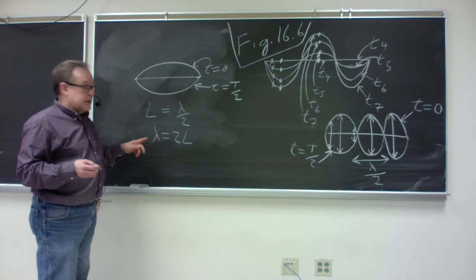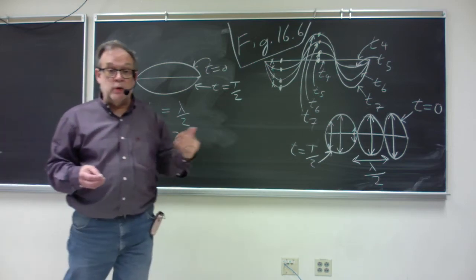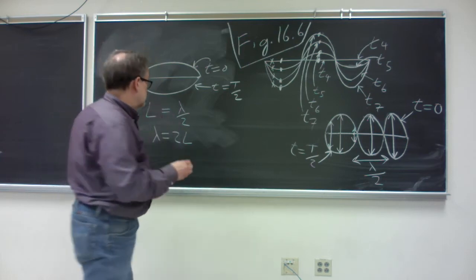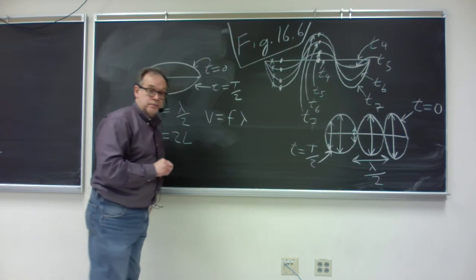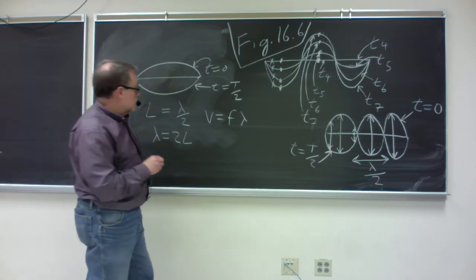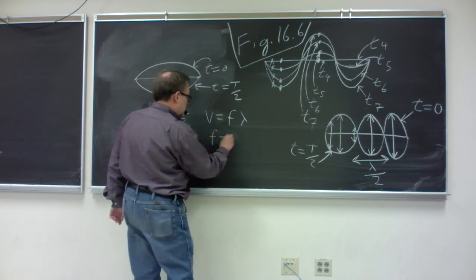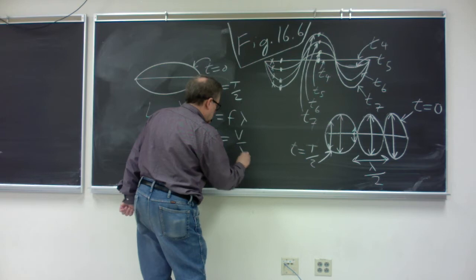Now, use our basic equation for traveling waves that relates wave speed to frequency and wavelength. There's the rule. So what kind of frequency would this wavelength correspond to? Well, frequency for any traveling wave is just wave speed over wavelength.